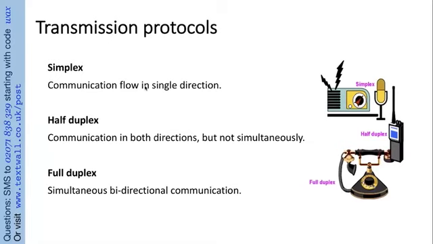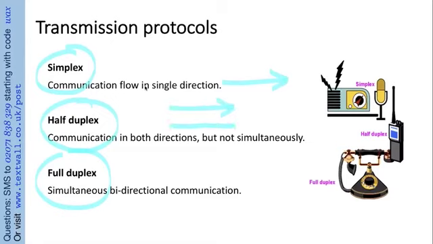More terminology, we have something called simplex and duplex. So simplex communication is one-way communication. Half duplex communication is one-way communication both ways. And full duplex is two-way communication. Okay, so think of the example of a radio.